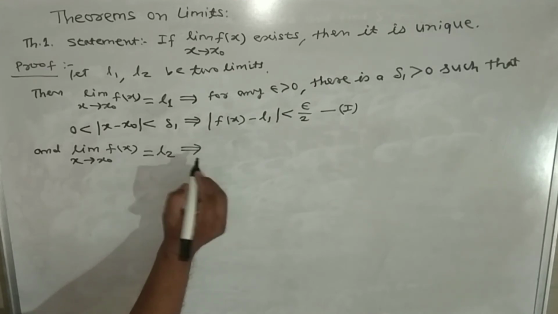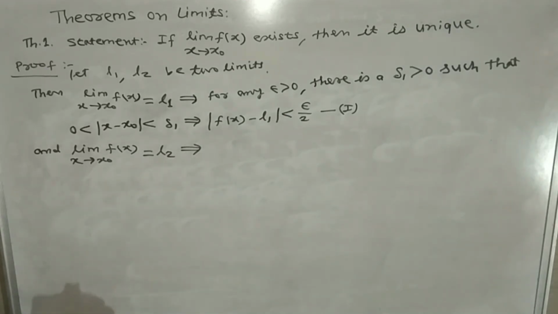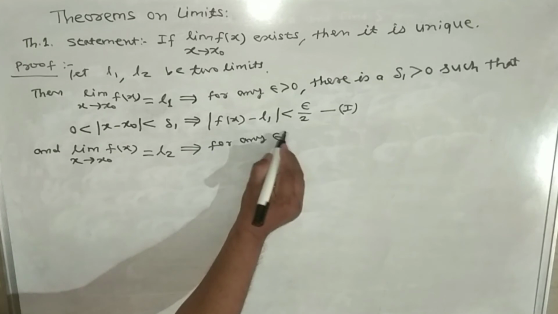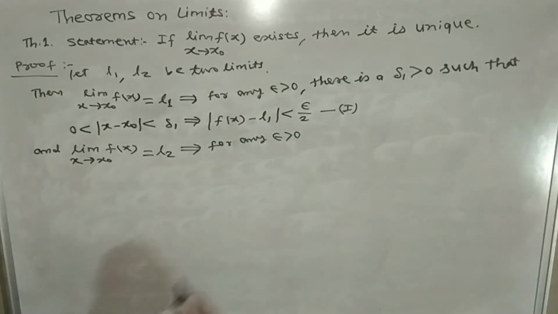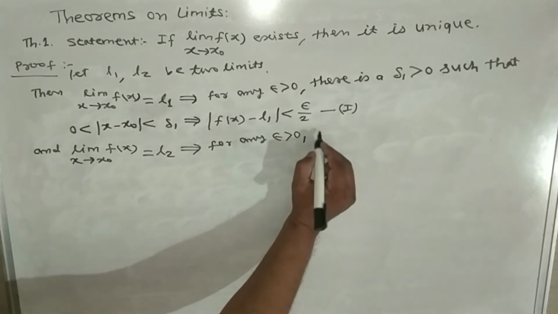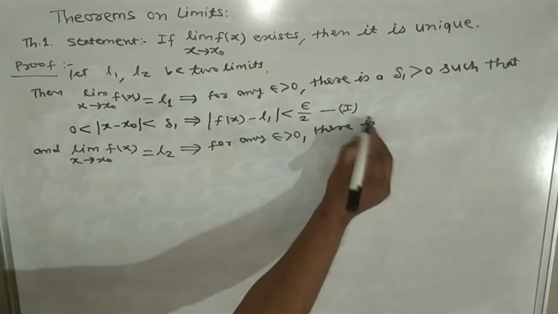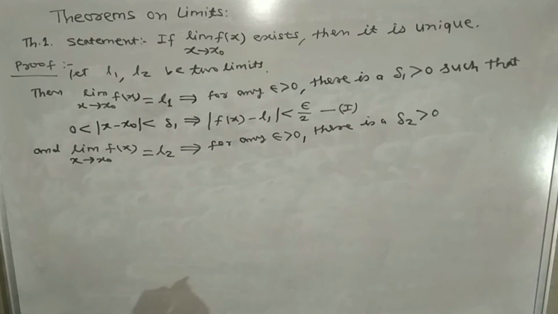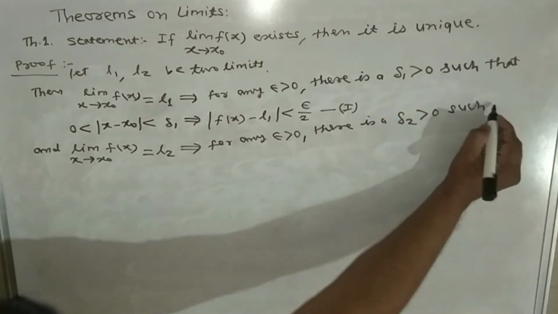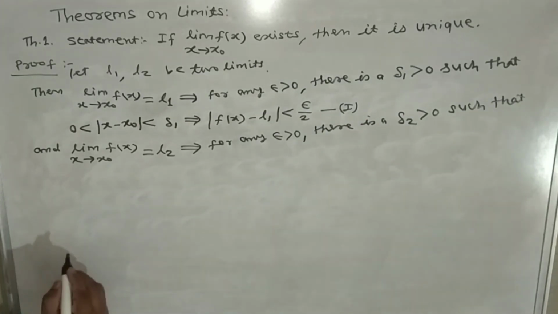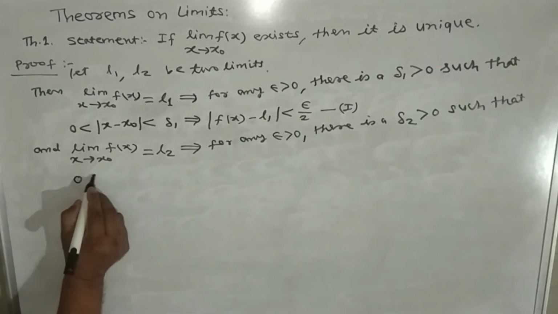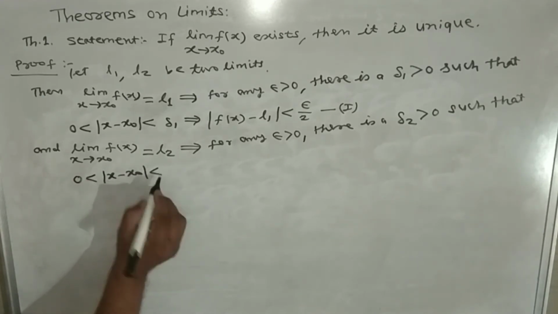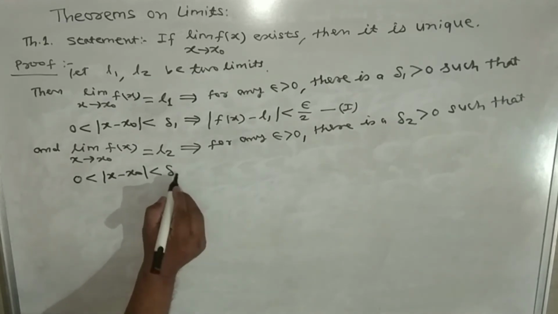This implies that for any epsilon greater than 0, there is a delta 2 strictly greater than 0, such that 0 is less than mod x minus x0 is strictly less than delta 2.